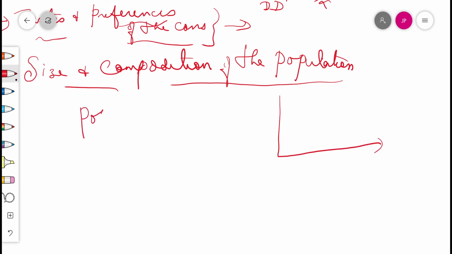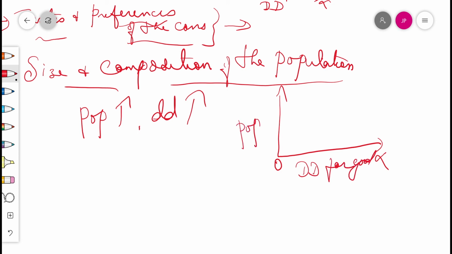Population increases, demand for the commodities also increases. OX and OY. Here demand for goods, demand always on OX, population on OY. As the population increases, demand for goods also increases. So the demand curve is an upward sloping curve.